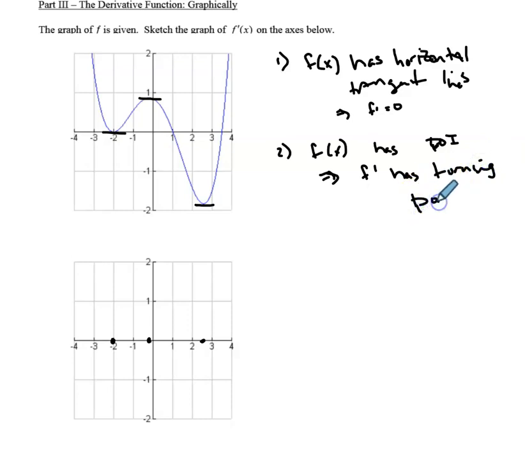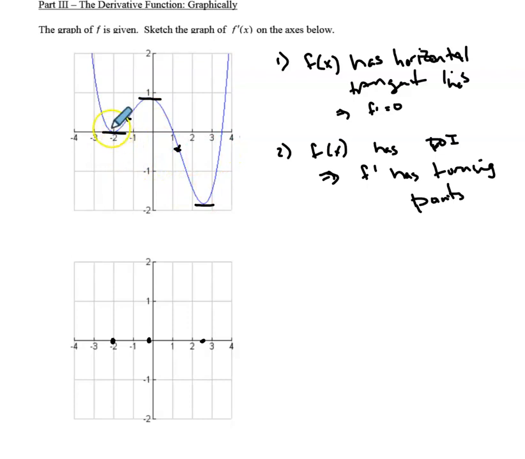And while I can't sketch those in quite yet down on f prime, I can label the spots where there are points of inflection, and that's going to enable me to continue my sketch. So it looks like I'm concave up and then concave down and maybe have a point of inflection there. Then I'm concave down to concave up, and perhaps there's a point of inflection there. So what this has enabled me to do is it's given me 1, 2, 3, 4, 5, 6 separate sections of my function to look at.